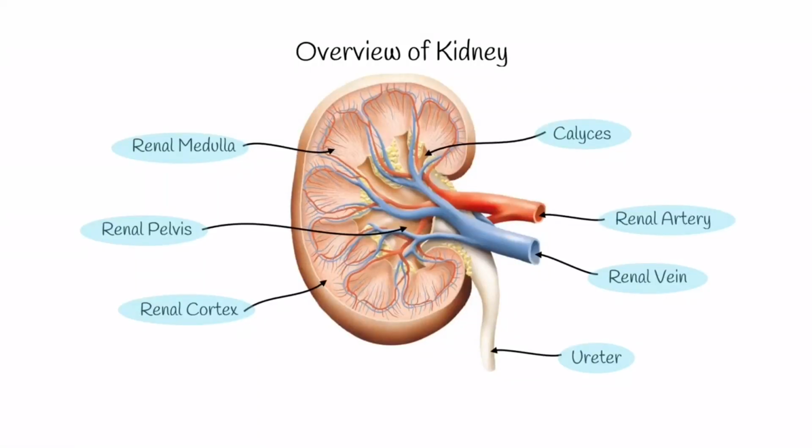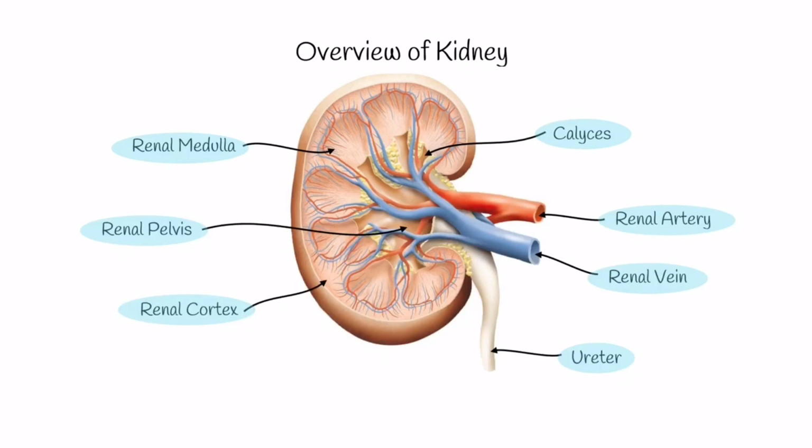For the overview of the kidney, I'm going to mention some parts of the kidney. First is the renal medulla. The renal medulla contains the structure of the nephrons, which is responsible for maintaining the salt and water balance of the blood. Second is the renal pelvis. The renal pelvis functions as a funnel for urine flowing to the ureter.